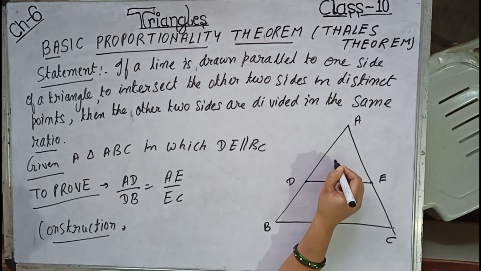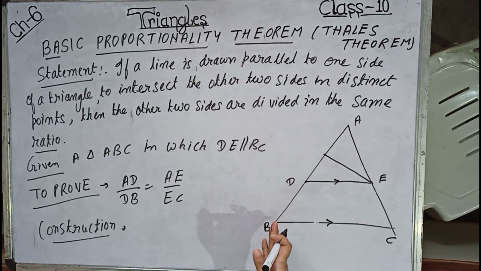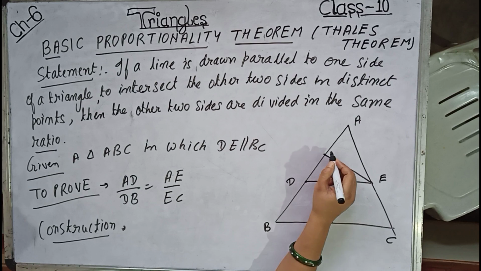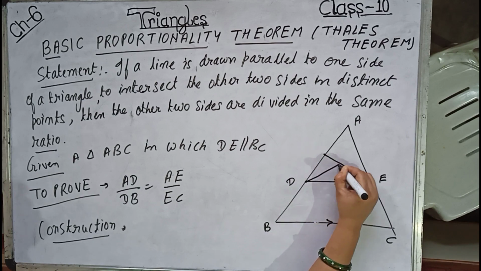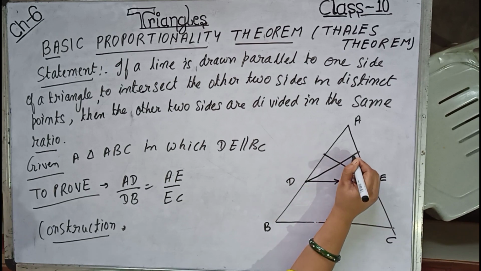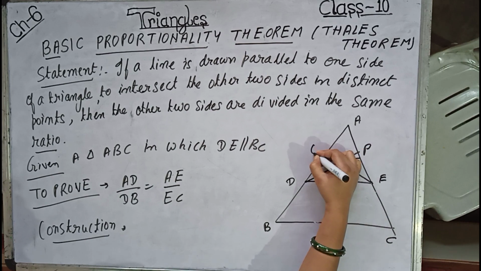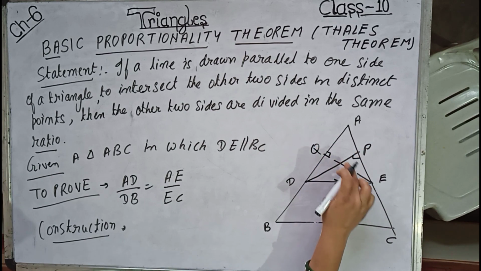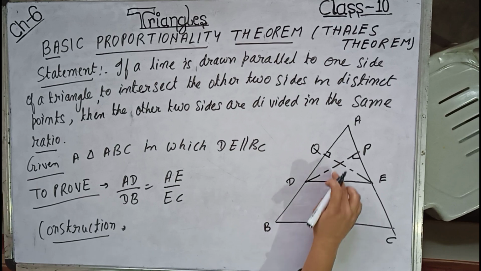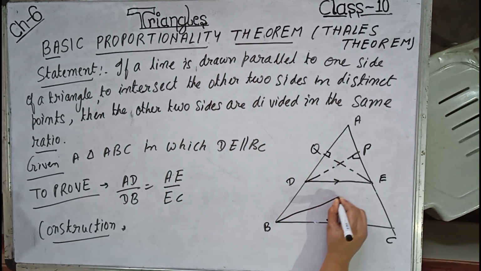Now construction, children: first I will be drawing a perpendicular to the side AB from the point E, again a perpendicular to the side AC from the point D. Let us name them P and Q. Since construction has to be drawn dotted, I have rubbed like this, and join BE and CD.